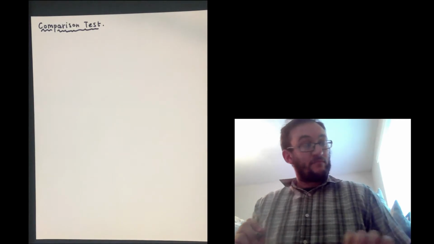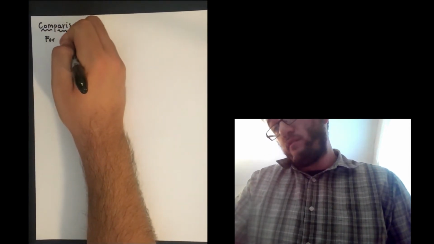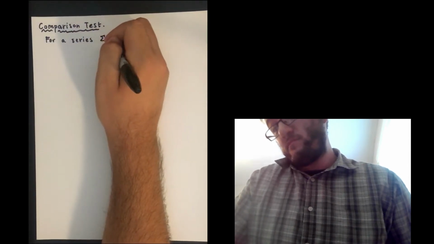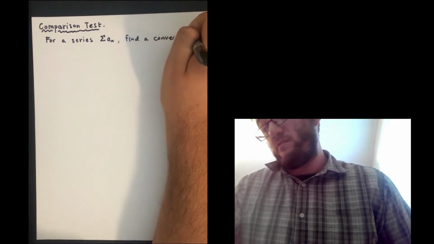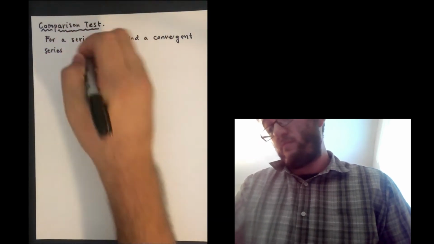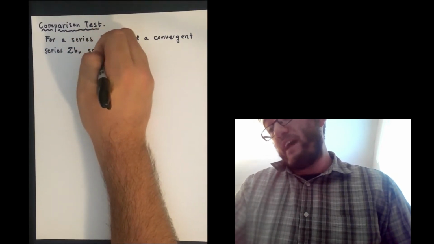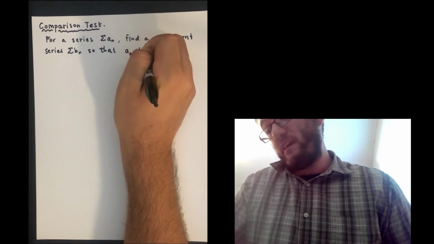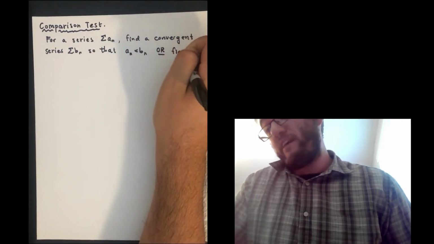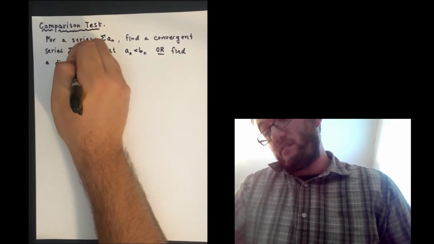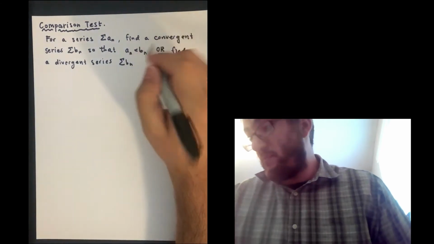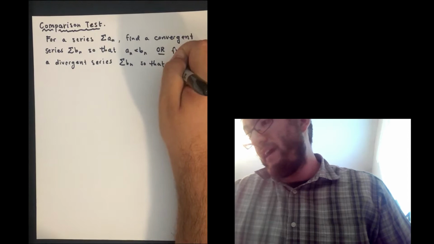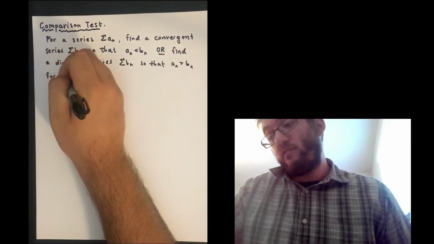Okay. So for a series An that you're looking at and you want to test for convergence or divergence, find a convergent series, sum of Bn, so that An is less than Bn, or find a divergent series, sum of Bn, so that An is greater than Bn for all n.